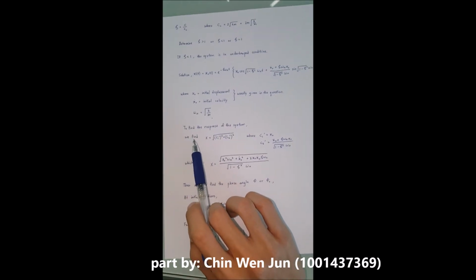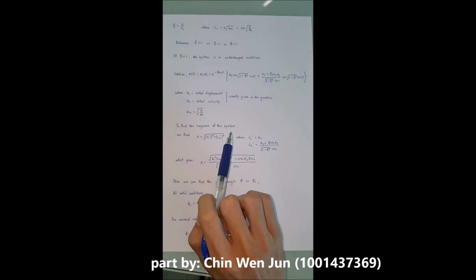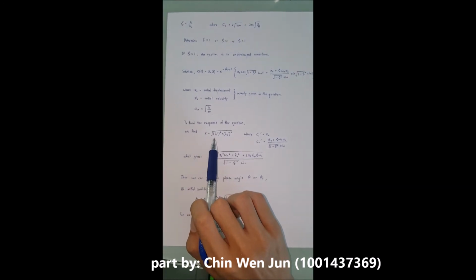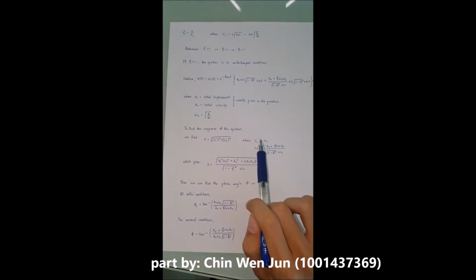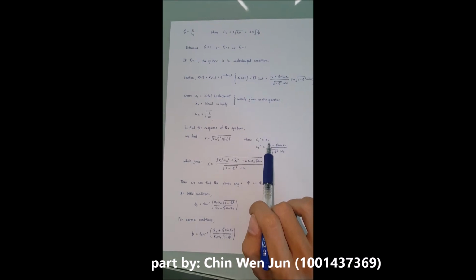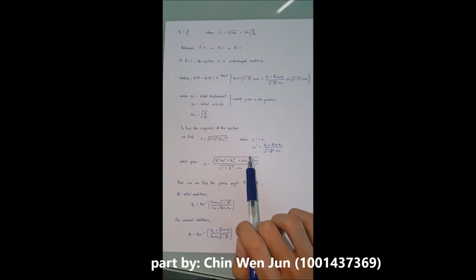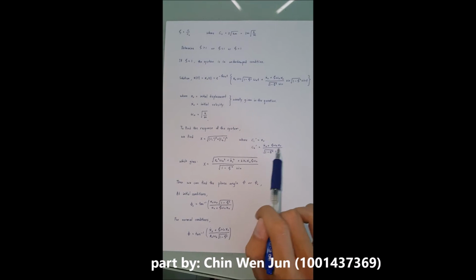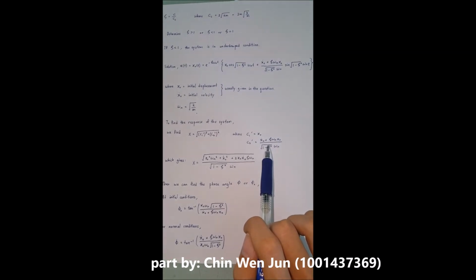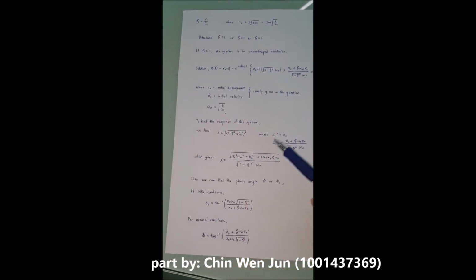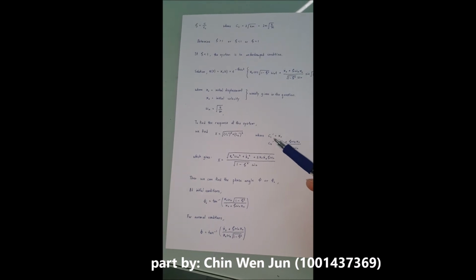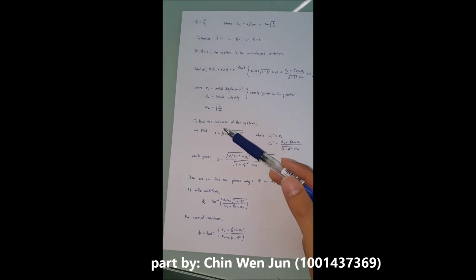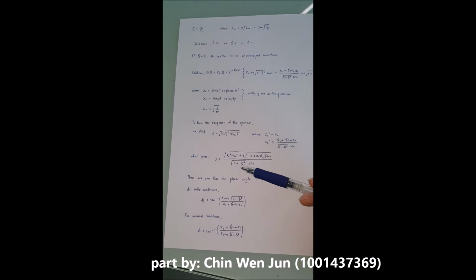To find the response of the system, we find x equals this formula, where c1 prime is the initial displacement, or x naught, and c2 prime equals this formula here. After we substitute c1 prime and c2 prime into this equation, we get x equals this formula.